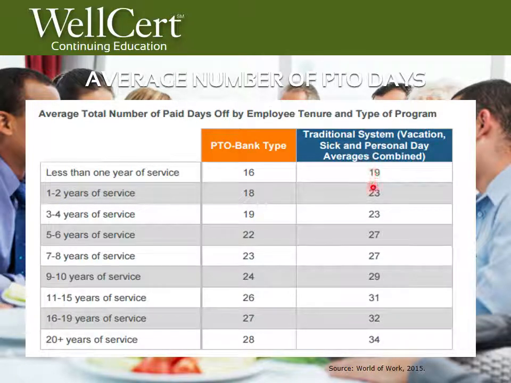And what you see here is that these amounts are usually 10 to 20% lower in terms of the difference between a traditional system of leave and the PTO system. So if you look at the numbers here, they're generally 10 to 20% lower for the PTO bank.